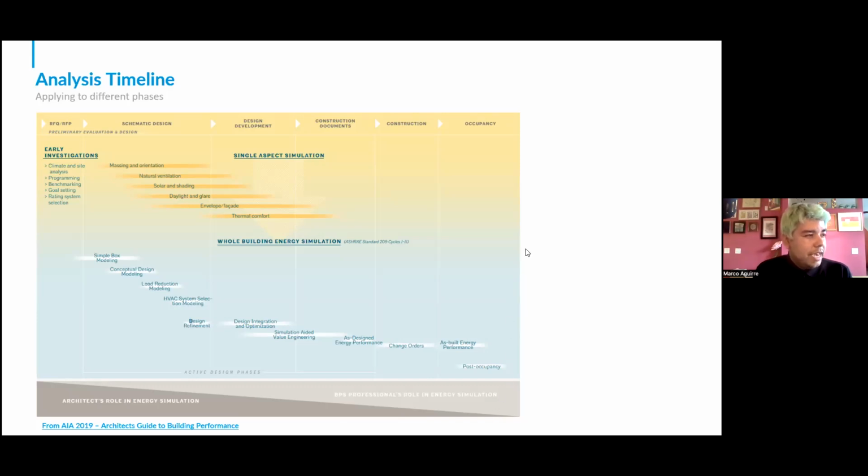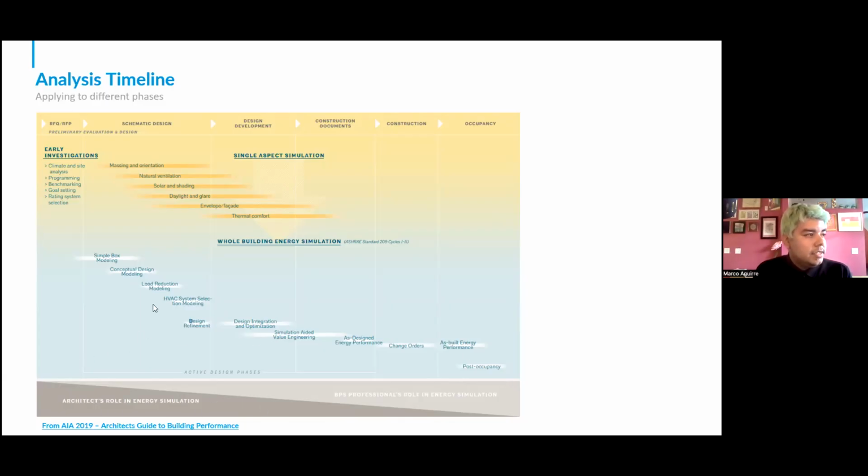This is one of my favorite pages, and it just showcases over the different design phases, what studies you need to do, who's responsible for them. And just notice at the bottom axis, architects are never not playing a role. They're always active, they're always informed, working with the building performance specialist in order to make decisions.